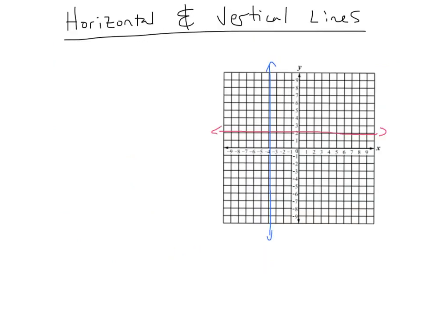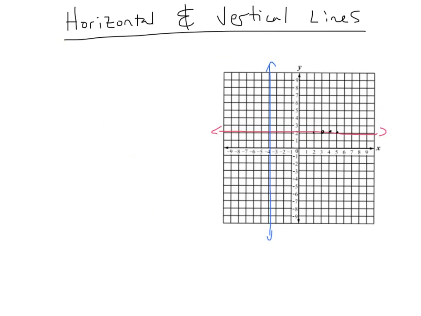Now the final thing we're going to look at are horizontal and vertical lines. So we'll start by looking at this horizontal red line. I want us to notice a few points on this horizontal line. For example, right here I've got the point 3, 2. Here's the point 4, 2, and the point 5, 2, and the point 2, 2.